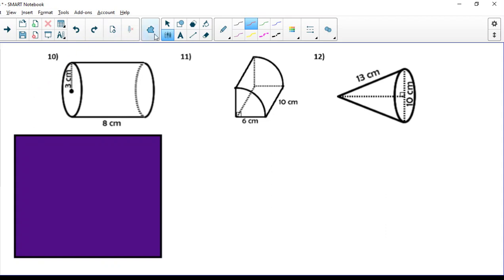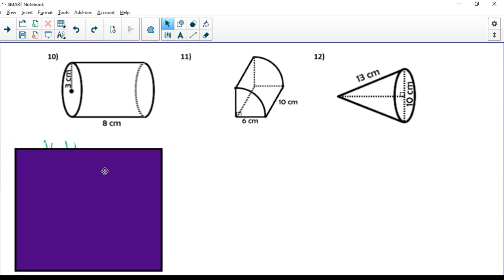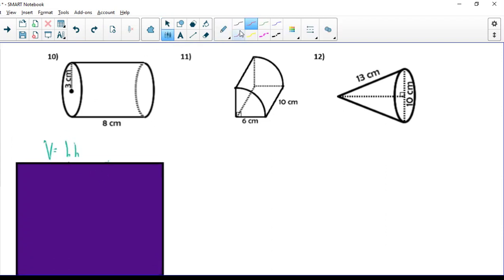All right, for this, again, I'm using that base times height formula, base with a capital B, so not a lowercase b. Base with a capital B means find the area of this base shape, so find the area of this circle.